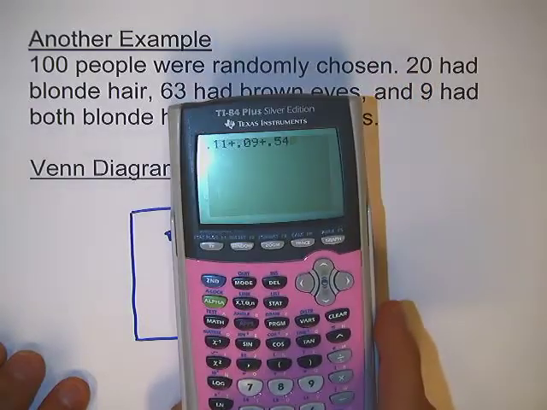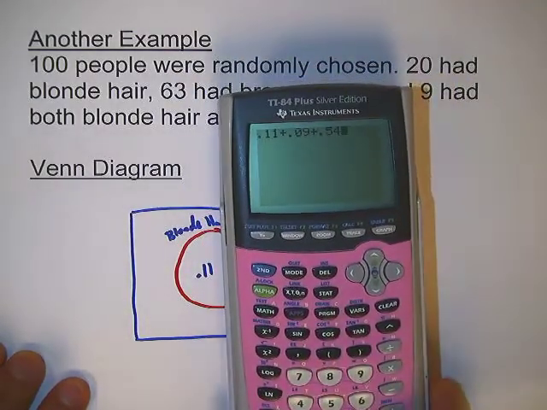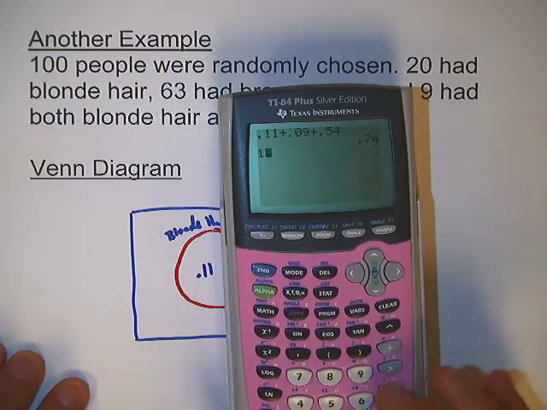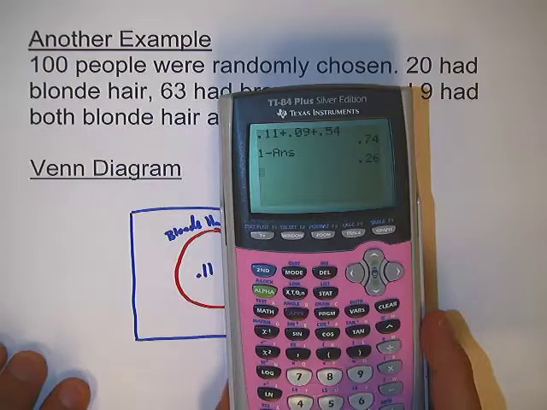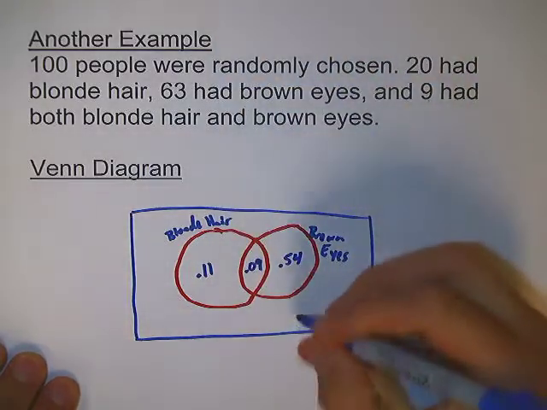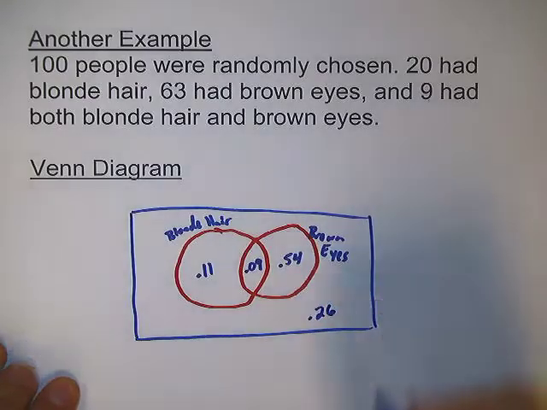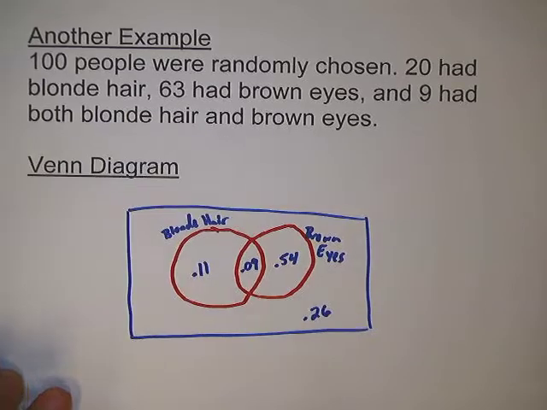Those were the 3 that I had accounted for there. I'm going to add those up, and then take 1 minus that. So 100% minus the 74% that are accounted for, and that's 0.26. So I'm going to put the 0.26 out here. That means that 26% of people have neither blonde hair nor brown eyes.